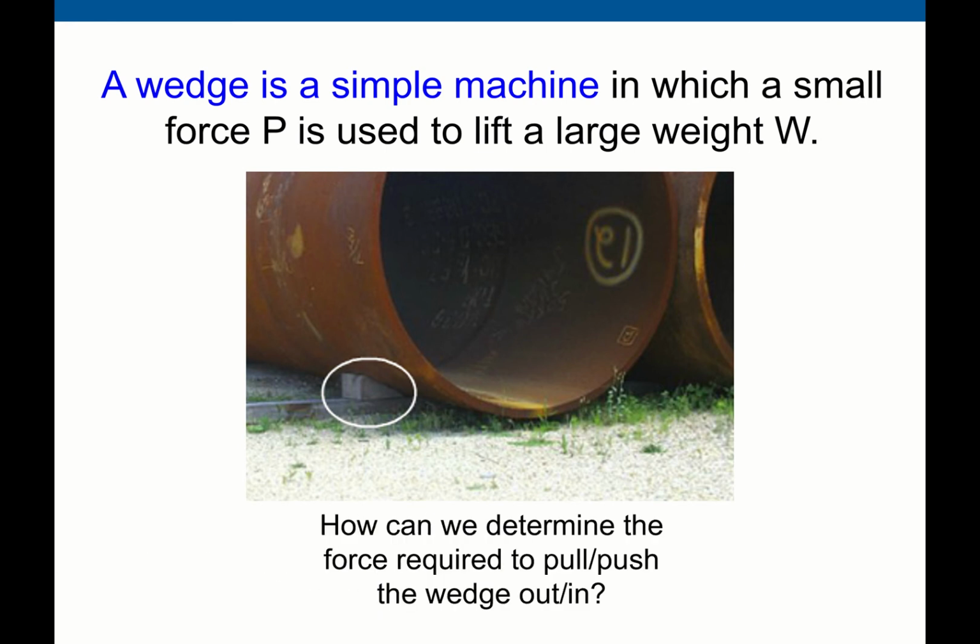So the question is, how can we determine how much force we need to hold the position or lift the object? How much force do we need to push or pull on the wedge? That's the question. What is the minimum force we need to move the object?